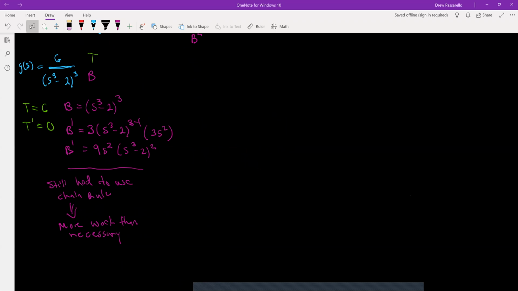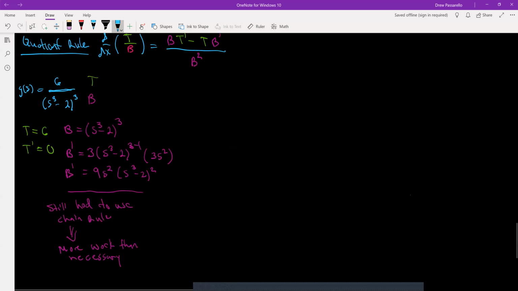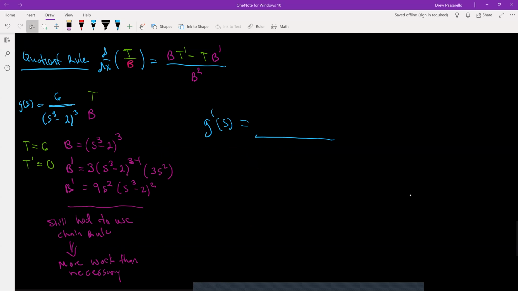So I'll just write what it would be when I find the initial part. And so g prime of s is the bottom function times the top function's derivative.